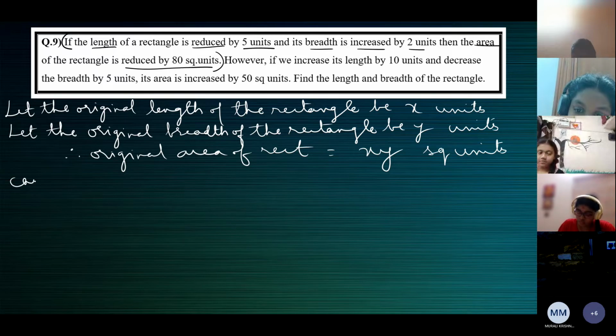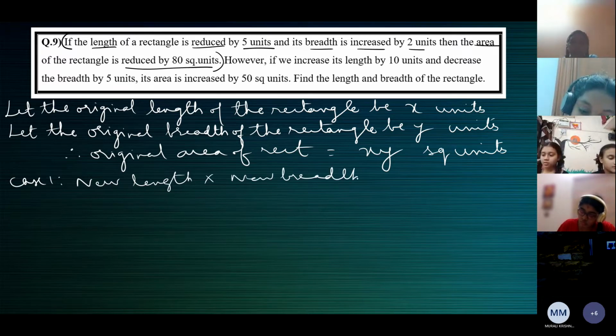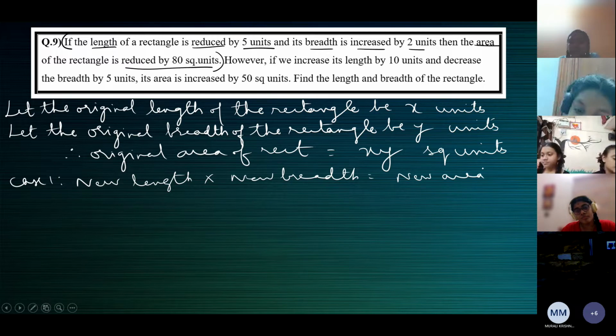Case 1: new length into new breadth is equal to some new area. You change the length and breadth and you're getting a new area. New length into new breadth is equal to new area.